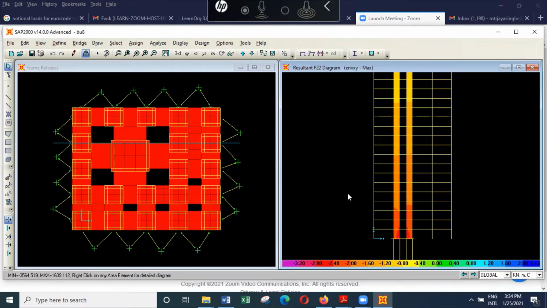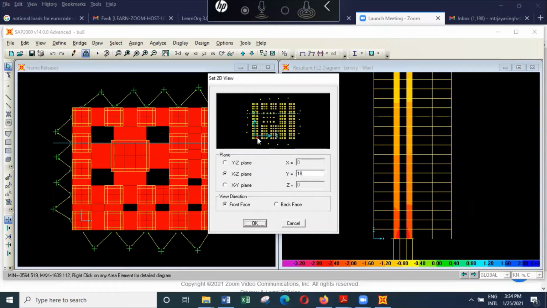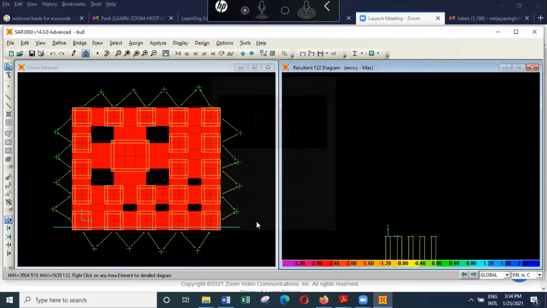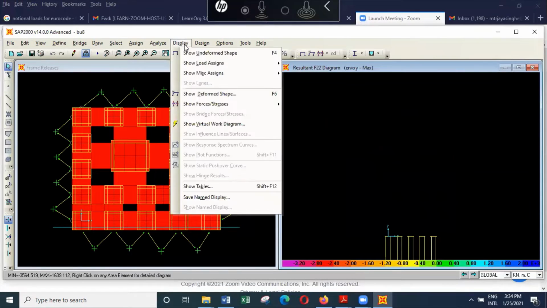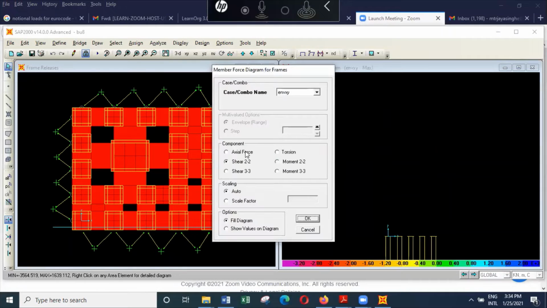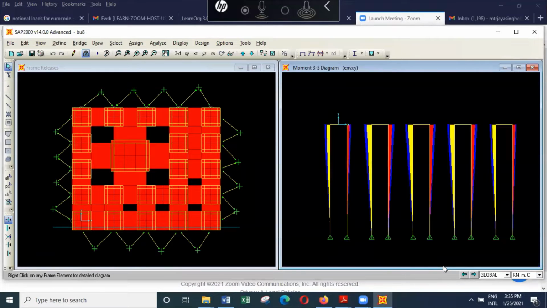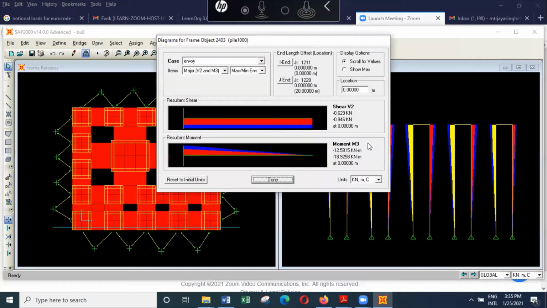So basically you can get all these axial forces, bending moments, and so on. And you can also display moment, and here you can see the type of moments that can occur in the piles.